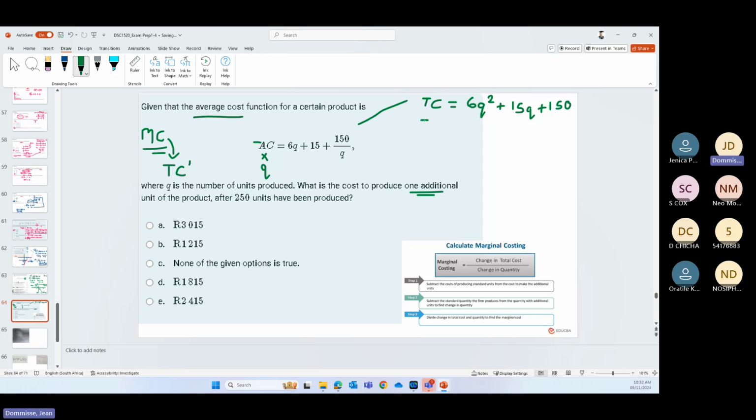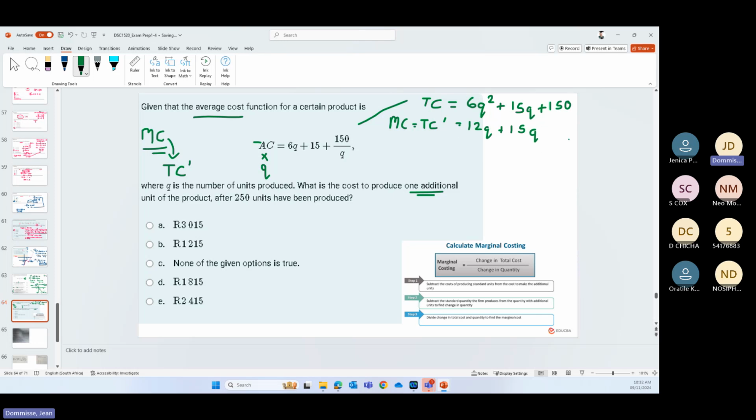Now we can say, well, to get to marginal cost, we differentiate our total cost function. So now 2 times 6 is 12Q plus 15Q, and that will give us the marginal cost.